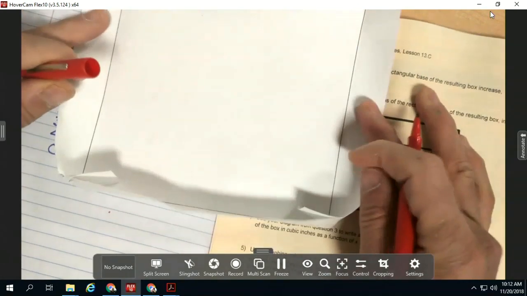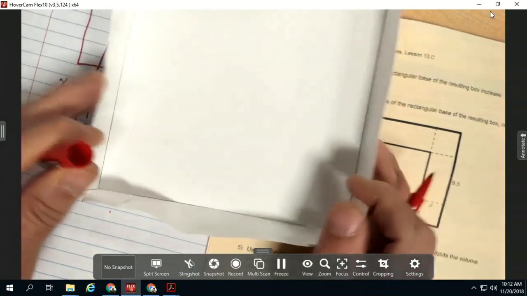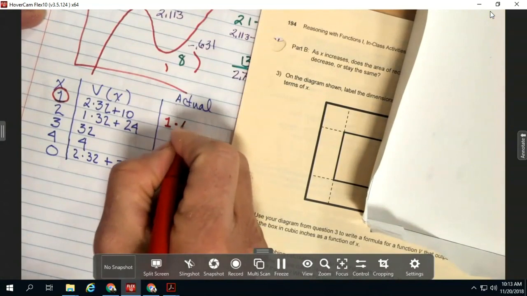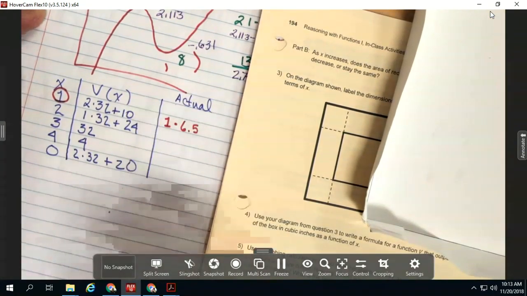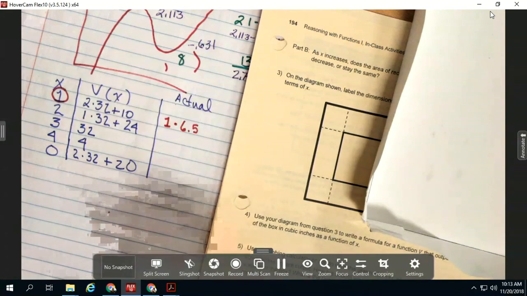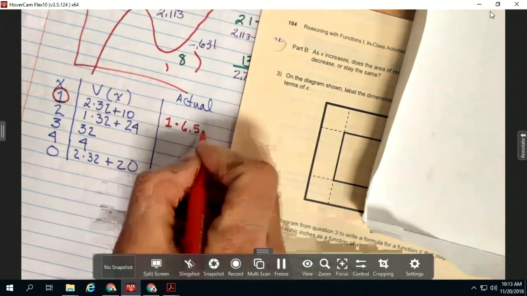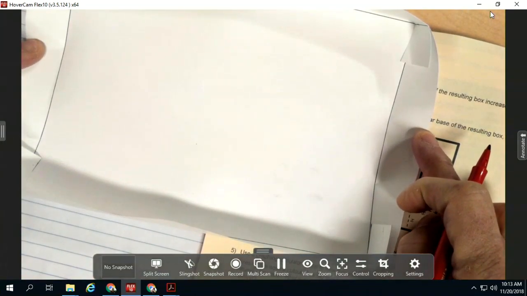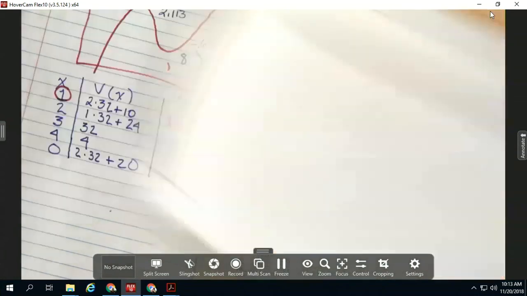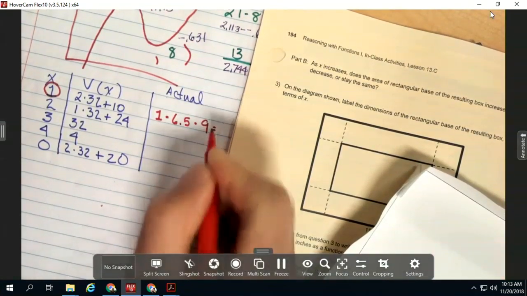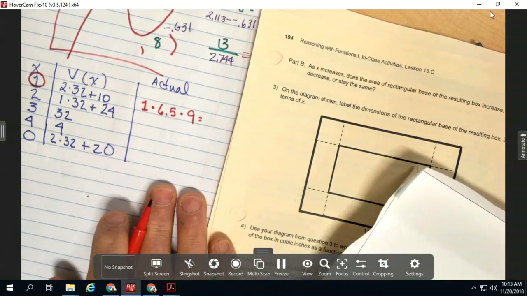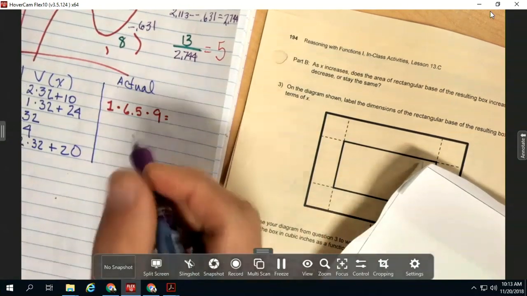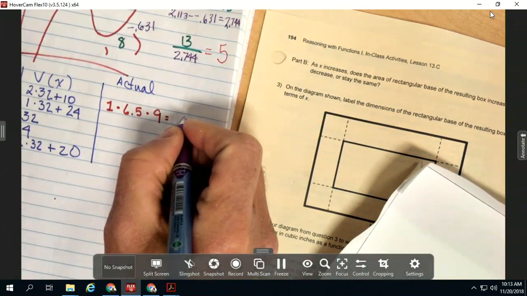Well, when this paper was flat, it was 8.5 inches wide. How did you get 6.5? Took 8.5 and subtracted 2 ones, right? And then how long will it be from here to here? Well, it was 11 long. Now how long is it? 9. And what do you get for an actual volume? 58.5.